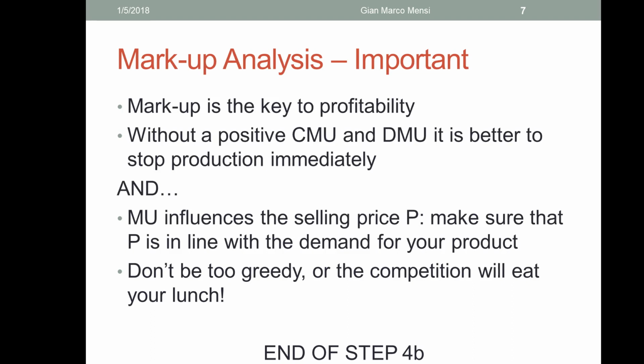Remember, the higher the markup, the higher is also the selling price, respectively. Even if you compute it as the same percentage on price instead of on cost, it will be even higher. So always make sure that the price you want to sell your product at is in line with the demand for your product.